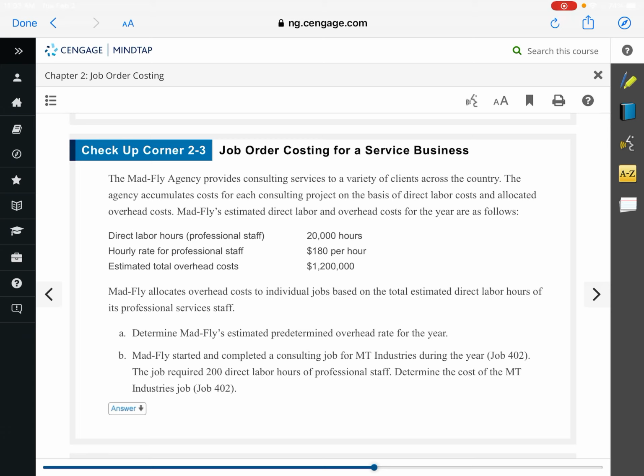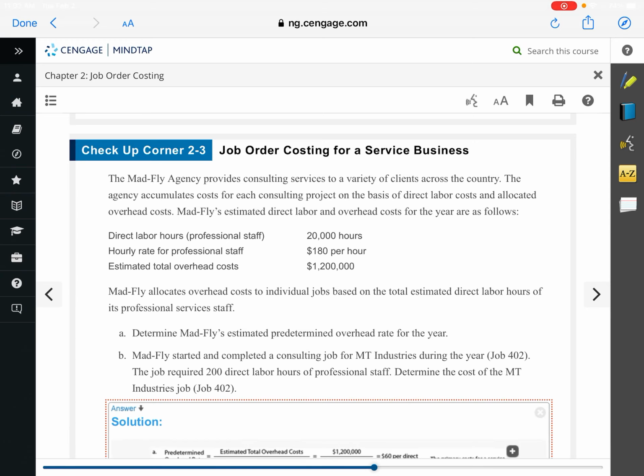MadFly allocates overhead costs to individual jobs based on the total estimated direct labor hours of its professional services staff. Okay, so they have 20,000 projected direct labor hours at a rate of $180 per hour, and then the estimated total overhead is 1.2 million. And then they ask us to determine the estimated predetermined overhead rate for the year.